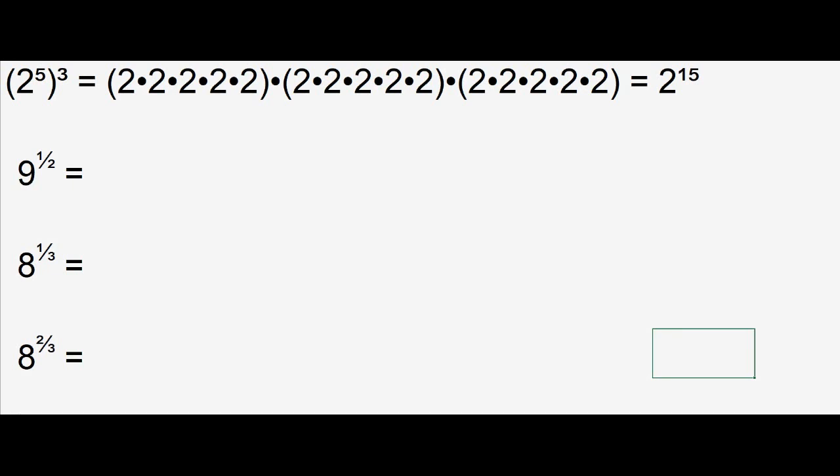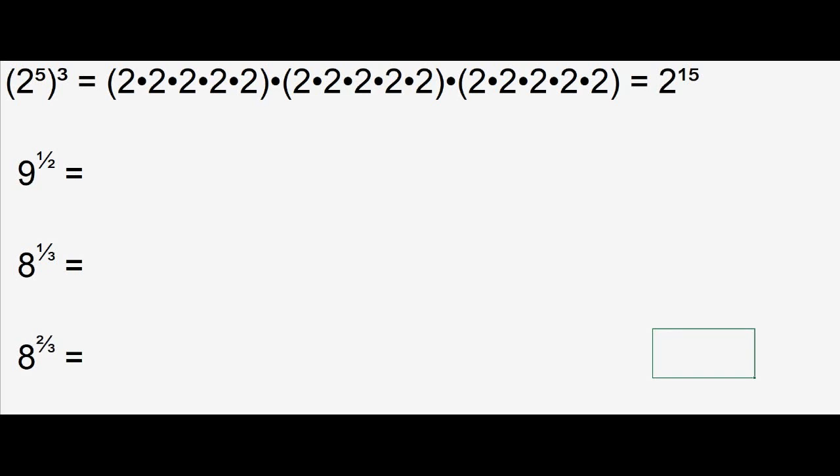Let's think about what fractional exponents mean. We know what positive and we know what negative means. What does a fractional exponent mean? To do this, I'm going to use the multiplicative property of exponents, or the power to a power rule. I have an exponential expression, 2 to the 5th power.